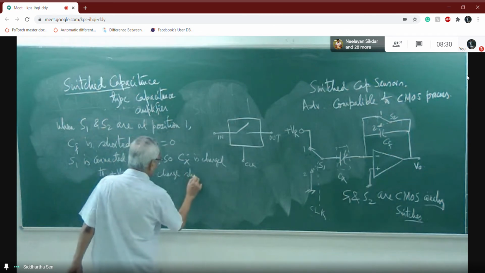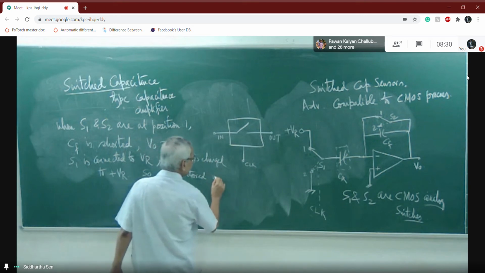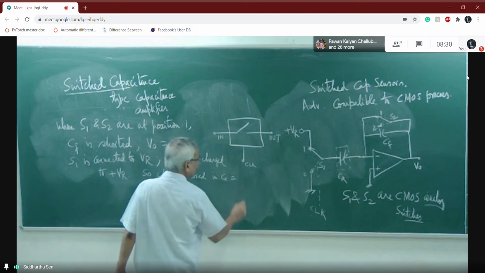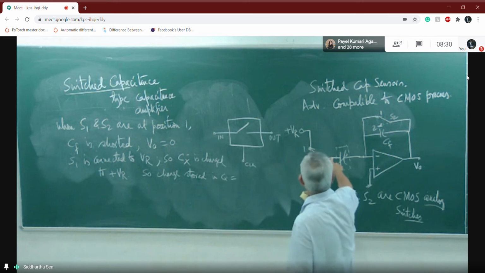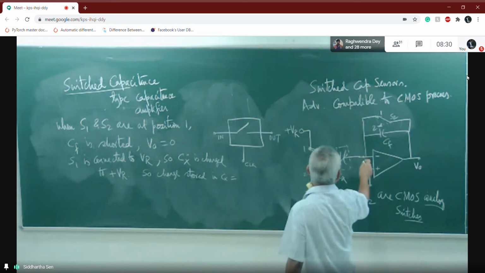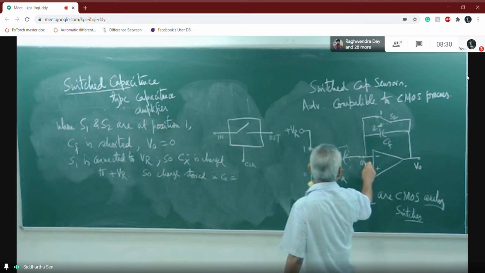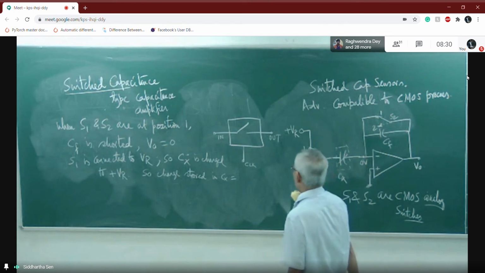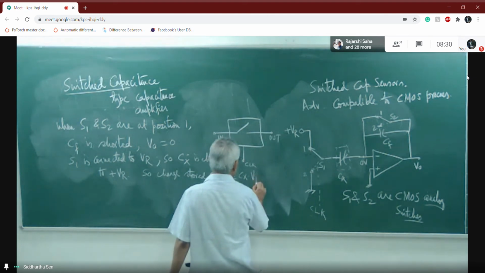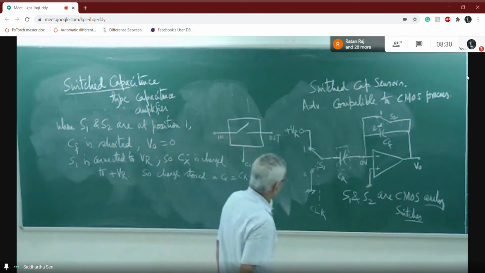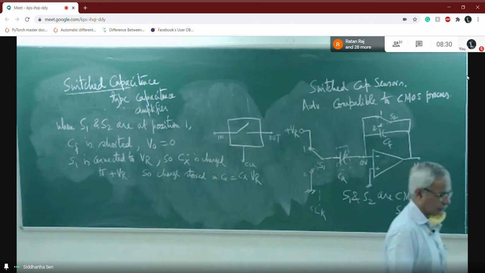So charge stored in CX. What is it? Basically, this point left hand side is the voltage VR, right hand side is the voltage 0 volt. It is virtually ground. So, what is the charge? It is CX into VR. And that is the charge stored.